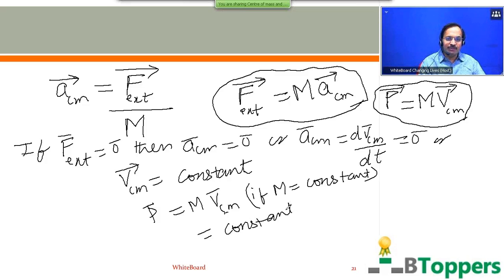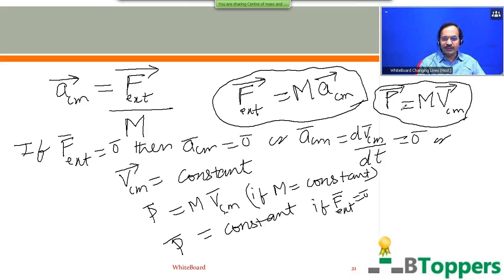Then the total linear momentum of the system remains constant if the net external force on the system is 0.